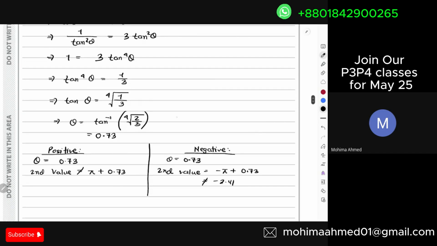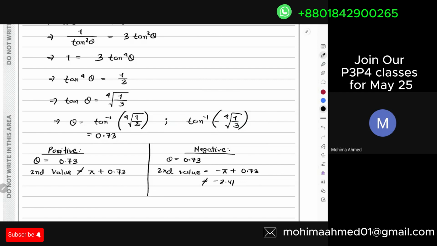And then again, if you split this down, 1 over 3, this one actually gives you plus minus value, because after coming out from square or power 4 or even number of roots, you always get a plus value and minus value. So you get tan square, this is positive, and then again you're supposed to get tan inverse root 4 of 1 over 3 negative value. So you're supposed to calculate this 2 times.